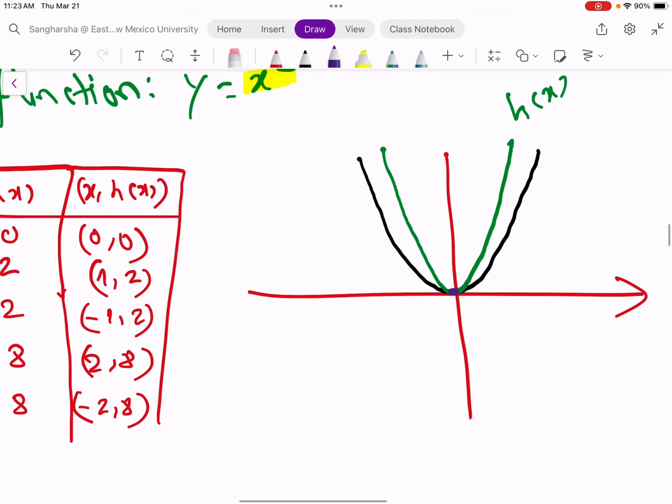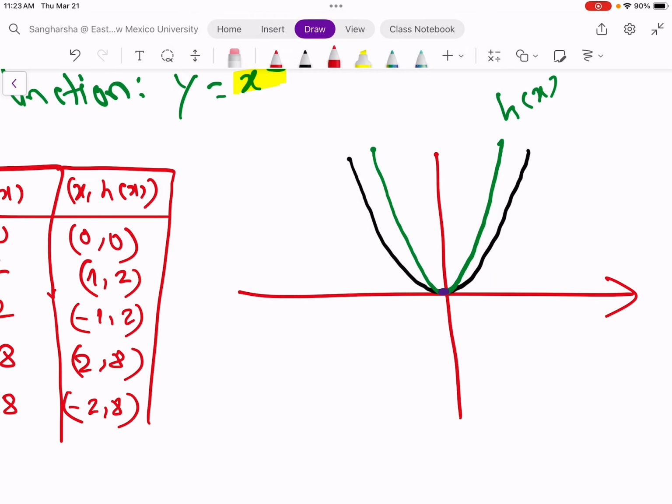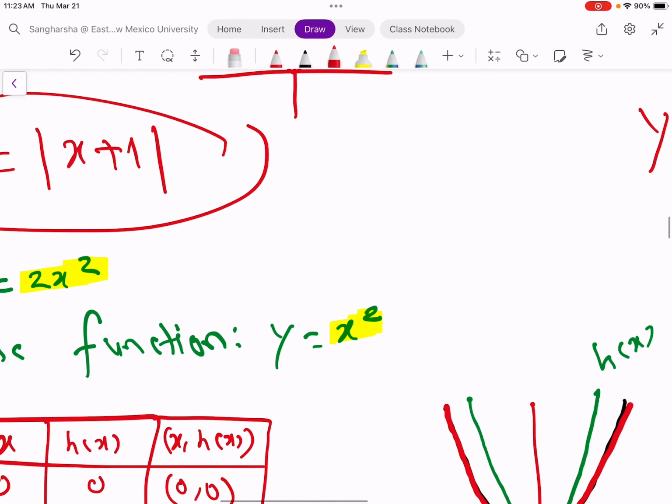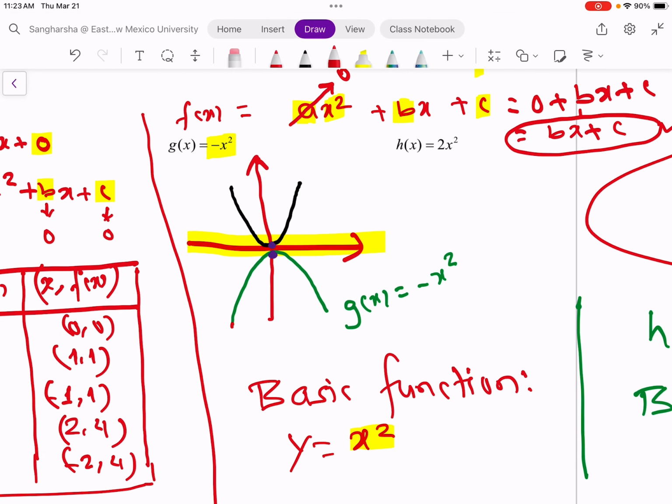As we move from left to right, the graph is decreasing and then increasing. Similarly, here the graph is increasing, and from this point the graph starts decreasing. That is the point where the graph changes its behavior from increasing to decreasing or decreasing to increasing.